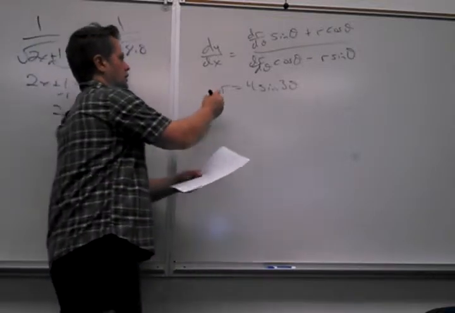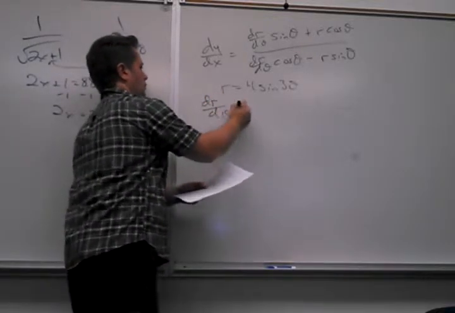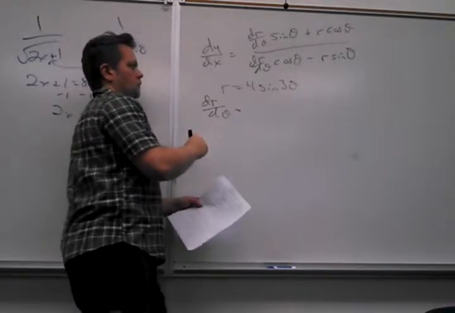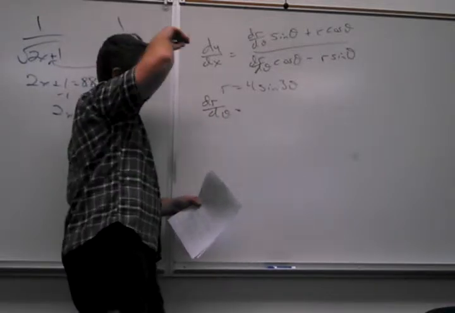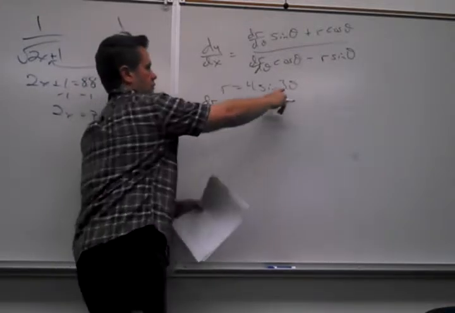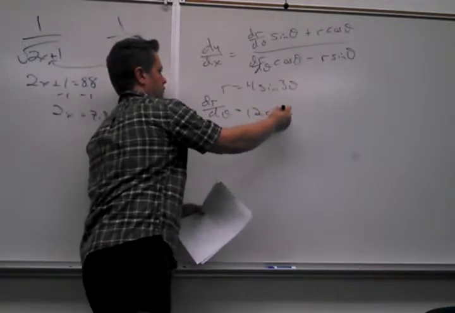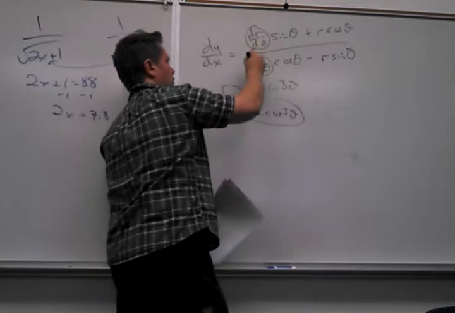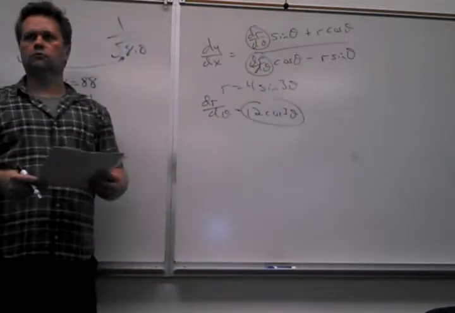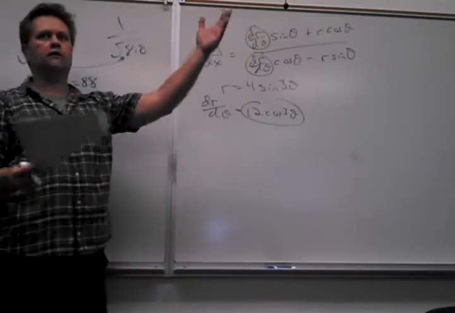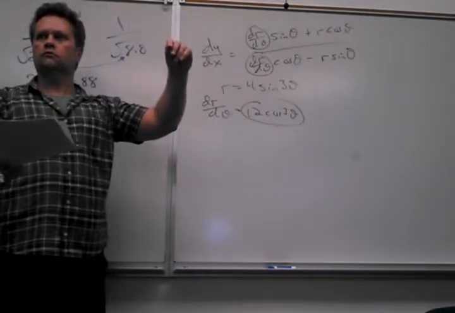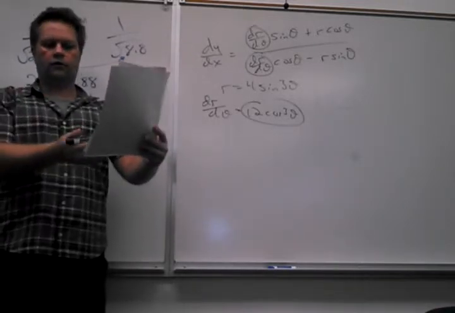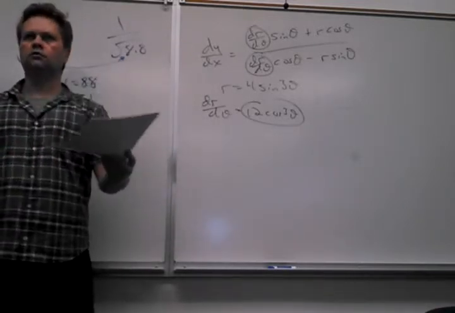So what's dr d theta? Yeah, chain rule, 12 cosine 3 theta. So that's going to go here and here. And then the rest of it is given to you. And then you just got to plug in pi over 3, right? Is that cool?